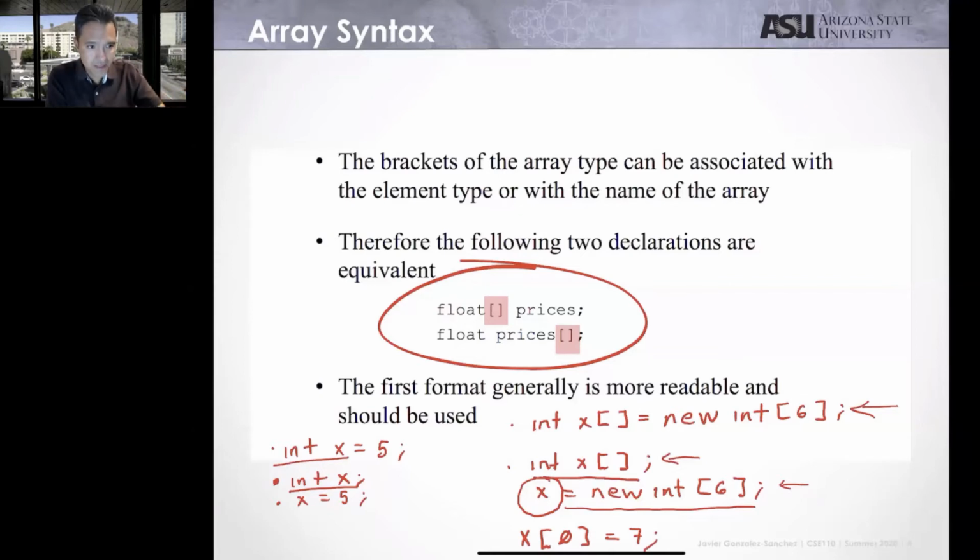But if you are going to put this equal, new, etc., because you decide to split this line in two, just be careful that here you put only the name of the array. Why? Because you do not want to put the new, int, etc. in one of the boxes. That one is the initialization of the full array. That one is the initialization of X as an array, of X as a collection, not a particular value like here for one of the boxes in that collection.